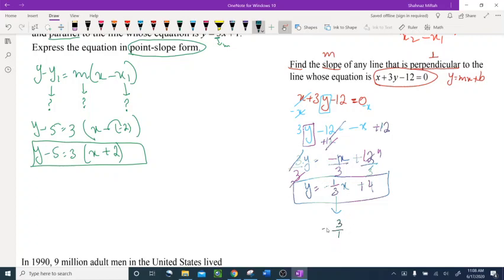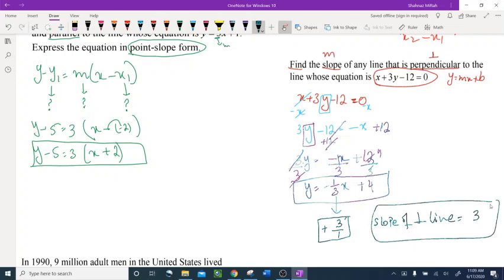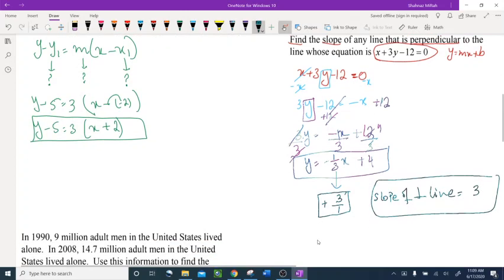And the negative sign is going to turn to positive, because that's what reciprocal and opposite sign means. And that's the slope of the perpendicular line. So the slope of the perpendicular line is equal to 3. That's what it is. You can put 3/1, it doesn't matter.